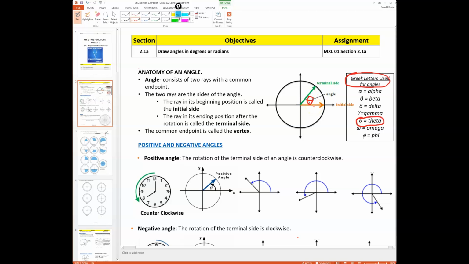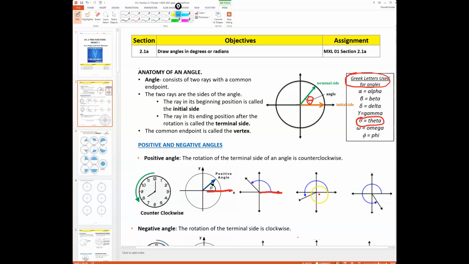All right. Now, I spoke a minute ago about positive angles and negative angles. All right, so a positive angle is an angle that is going to be opening counterclockwise. Okay, so all of these angles start on the positive x-axis.